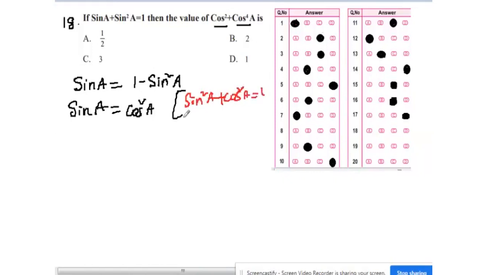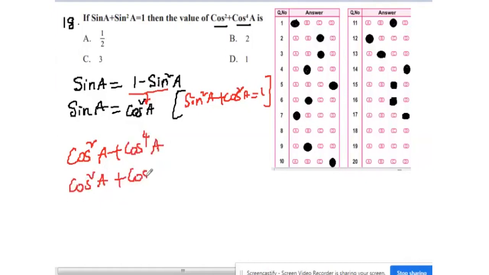So cos square A is equal to 1 minus sin square A. In the place of 1 minus sin square A, I am replacing cos square A. They are asking to find the value of cos square A plus cos to the power of 4A. I am writing cos to the power of 4A as cos square A into cos square A.